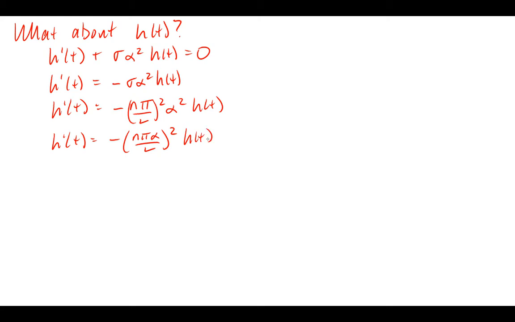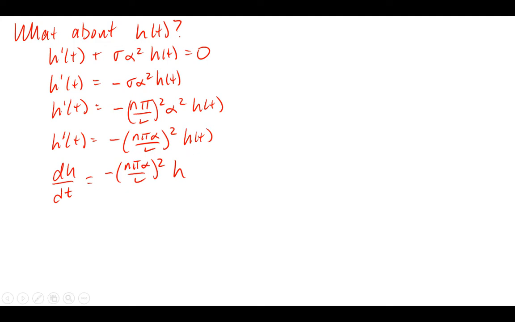Okay, now don't let this intimidate you. This is a number. So if I wanted to solve this, this is the separation of variables problem. This is dH dt equals this number, this crazy number, times h, right?